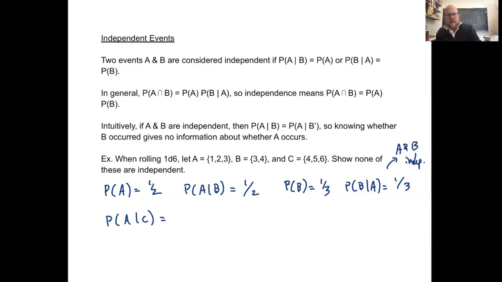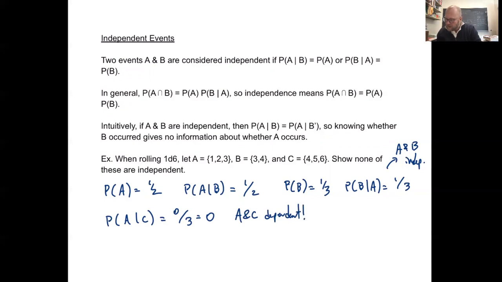Okay, then the probability of A given C, when you look at the intersection, there is actually nothing in the intersection of those, 0 out of, given C, so there's 3 things in C, so your probability is 0. The probability of A given C and the probability of A are not equal, so A and C are dependent.